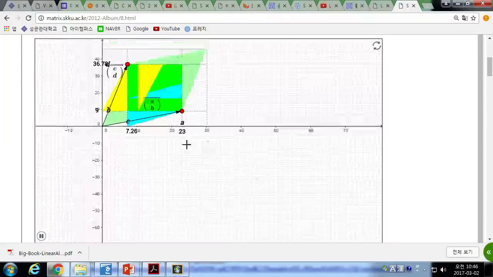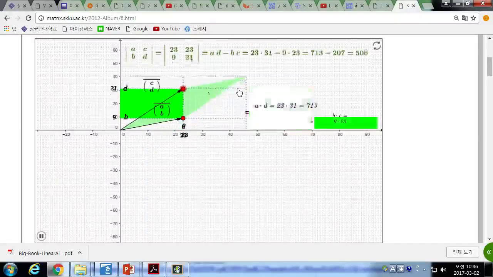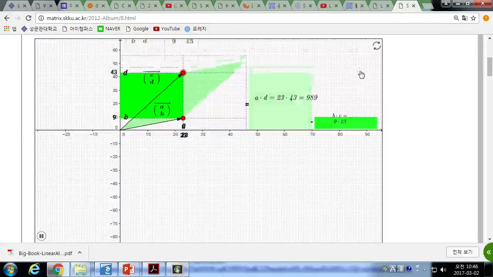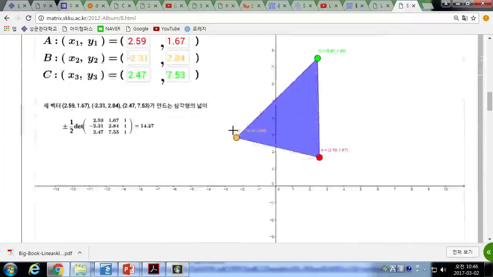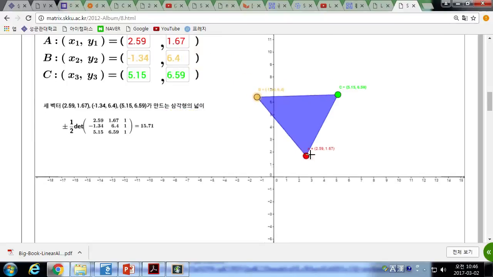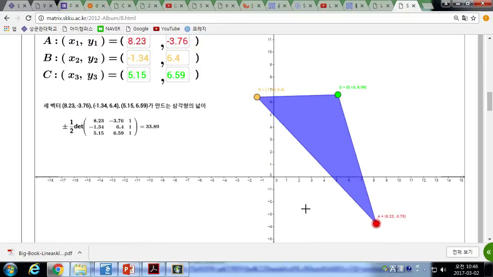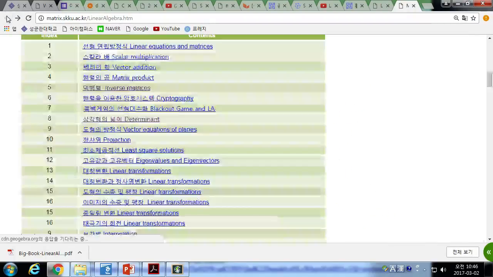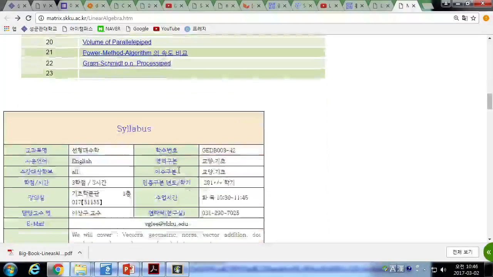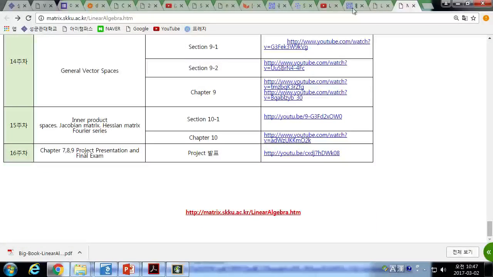You see, the area can be found by using the determinant of a matrix, and it's simulated in this way. The three-dimensional case can also be done. For example, in here, the area can be found like this. So most of the concepts can be simulated here, and we developed most of this for you. And there's also a syllabus, lectures, and other related information in it.